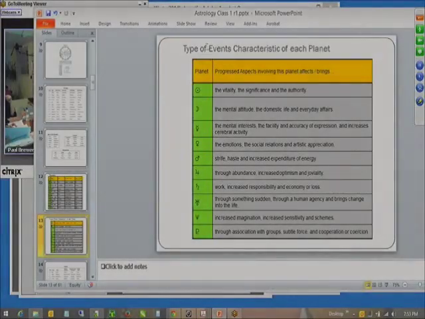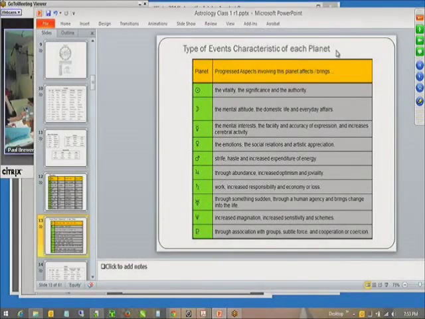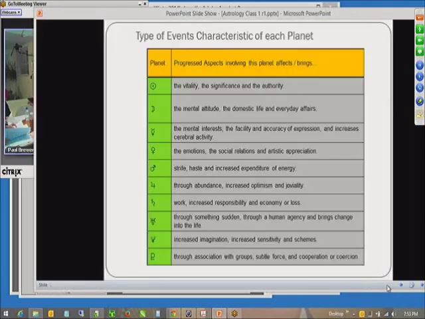Now these are events characteristic of each planet, but it's what happens when there's any planet in any house. I'm looking, and I hope you can see this chart. I'll put them all online. And by the way, please send me comments about the visibility of this stuff and all that. I could blow this up.